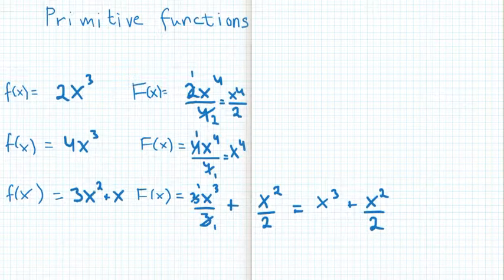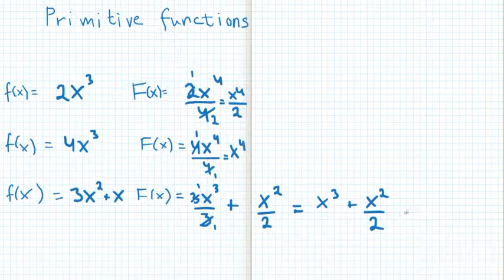So once again, this is a function, f of x. Its primitive is this. And this is basically the inverse process of finding the derivative. We can always check if the result is correct by just finding its derivative, and then we should get this, right? So let's do this. We don't have to write it out, it's easy.